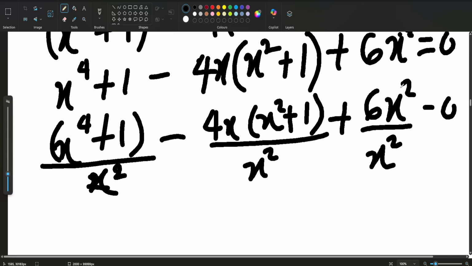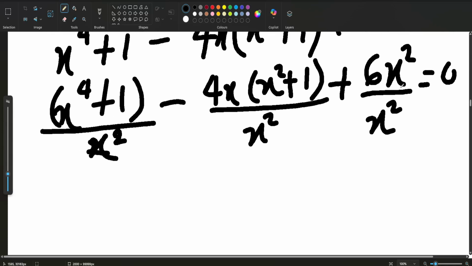So what are we trying to do? We're trying to bring out something here. If we use this to divide this, we're going to be left with x squared plus 1 all over x squared here.